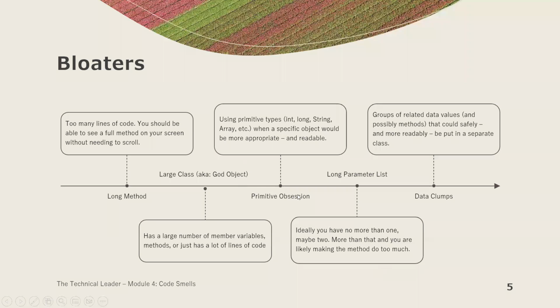There's also primitive obsession, where you're using primitive types for an object when it would really be more appropriate and frankly more readable to use a specific object for that sort of thing.